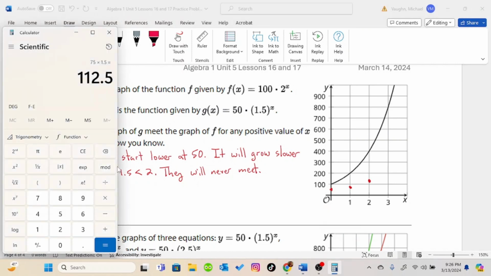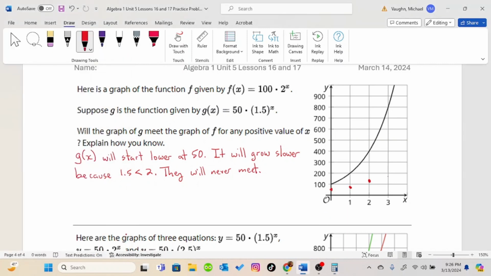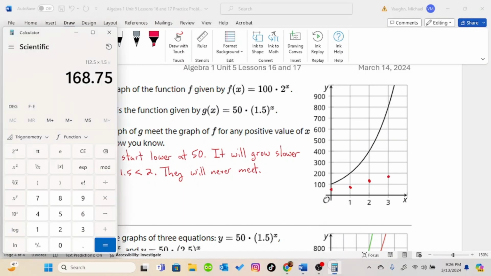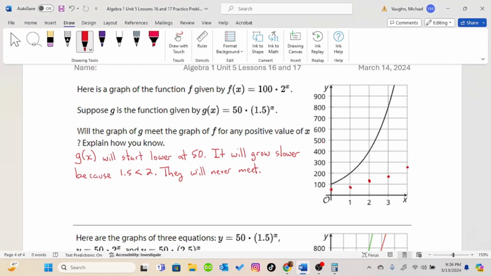If we multiply that by 1.5, we have 168.75. And we could multiply it one more time by 1.5, and we have 253. So as we thought, it's going to start lower, it's going to grow slower. They never meet.